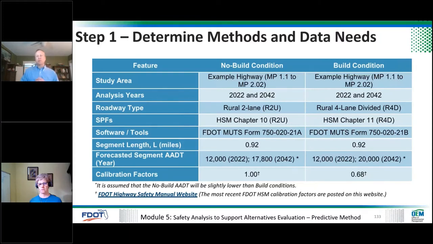There's scoping, which we're going to talk about in the next module from a slightly different perspective, but here we want to scope out what we're going to do for the predictive method. And we want to define that study area.